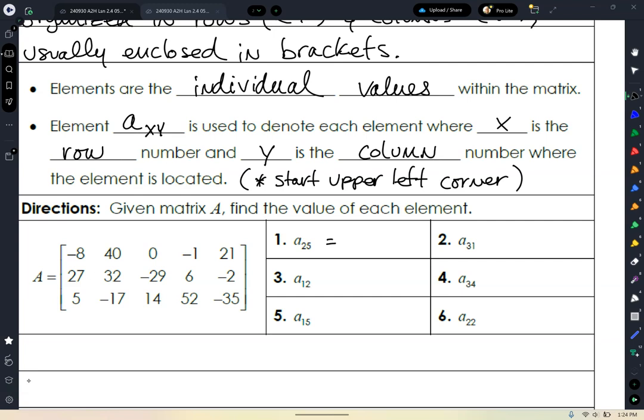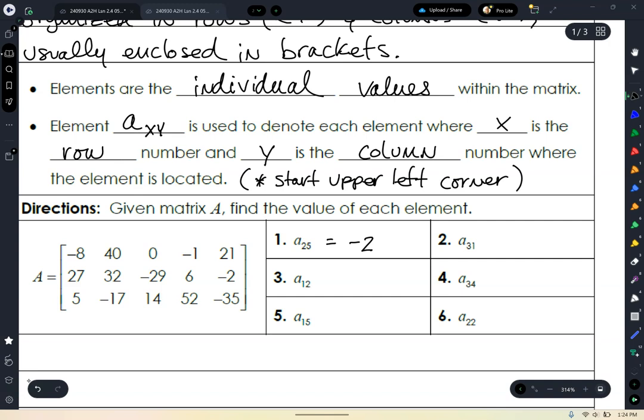You should have put what? -2. Why -2? Because it is row 2, column 5. You read that row 2, column 5. So if I start in the upper corner here, this would be row 1, this would be row 2, and then column 5 is going to be out here like that. So I go row 2, column 5, element A sub 25 is -2. Does that make sense? Everybody see how to read that?